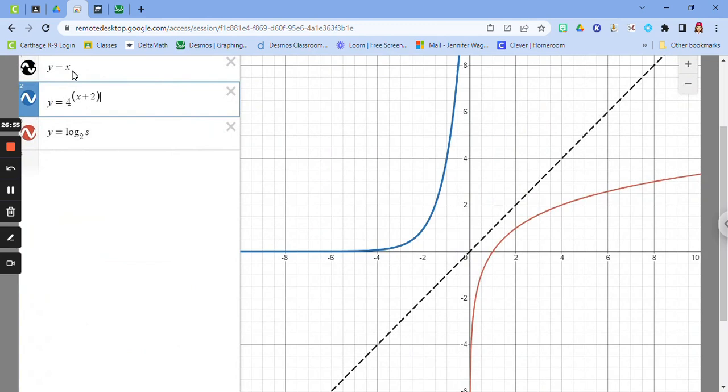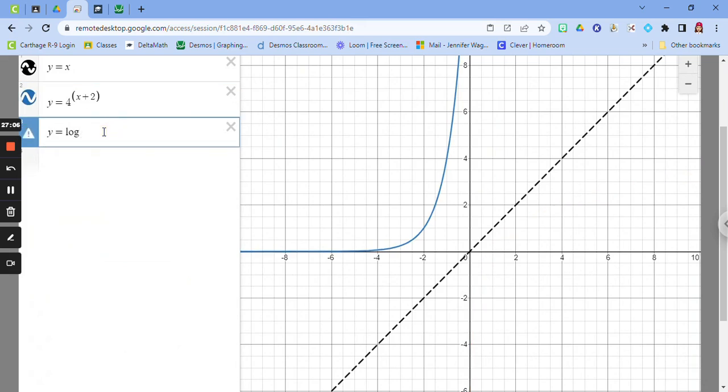Okay, so we have that looking like that. So then the question is, we know it's log base 4.